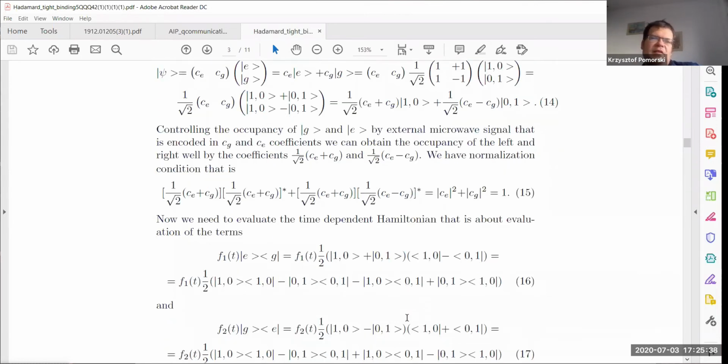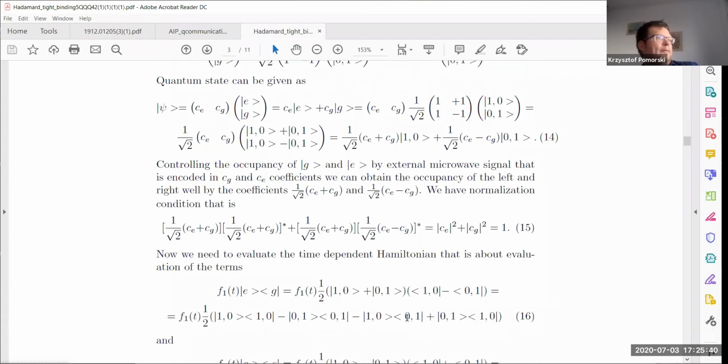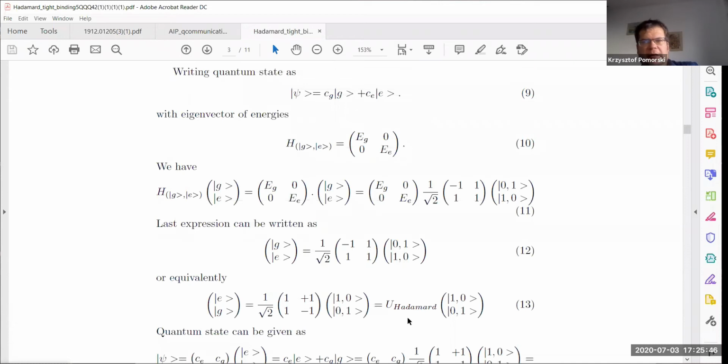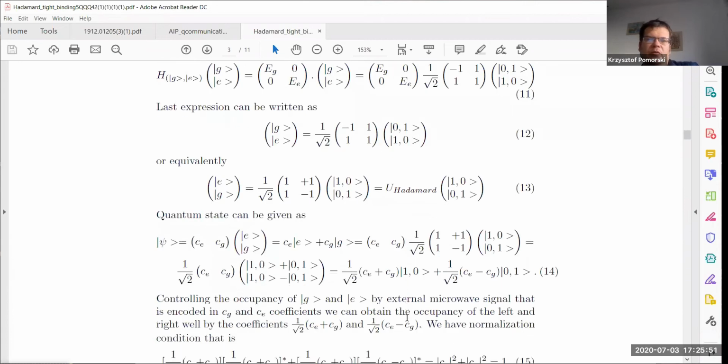Now the next issue: if you want to make logical operations, what are you going to do? Basically, you can span your logical state by Wannier functions, and then in energy representation it will have the state after Hadamard transformation, for example, or you can do it reversely.